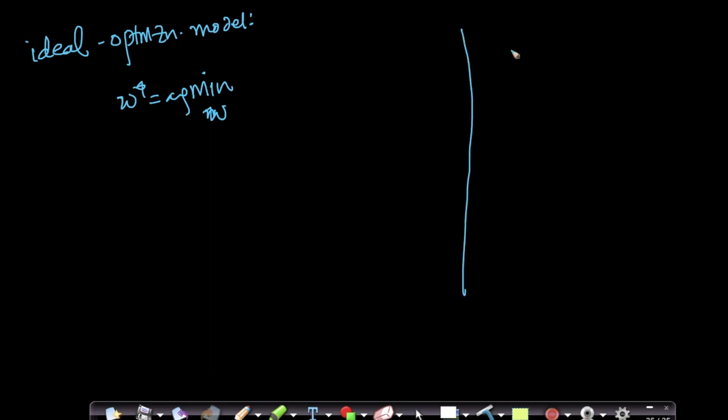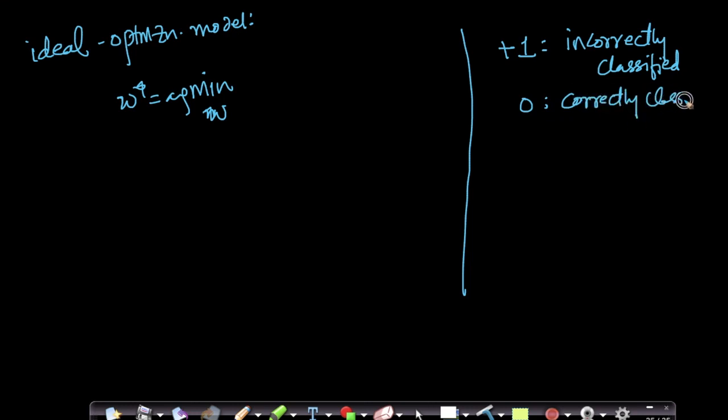Imagine if I give a value of +1 if a point is incorrectly classified by my model, right? And I want to give it a value of 0 if it is correctly classified. So just imagine for a while that I'm giving a value of +1 if my data point xi is incorrectly classified by my model, and a value of 0 if it is correctly classified.